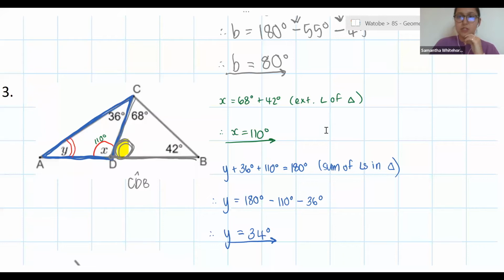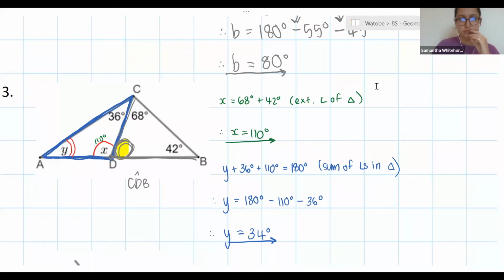Amiki, do you have a question? Yes, ma'am. Basically I did everything differently, but then my angles still add up to 180. Okay, so how did you do it differently? I said angle C plus angle D plus angle B is equal to 180 degrees, which is the sum of angles in a triangle.